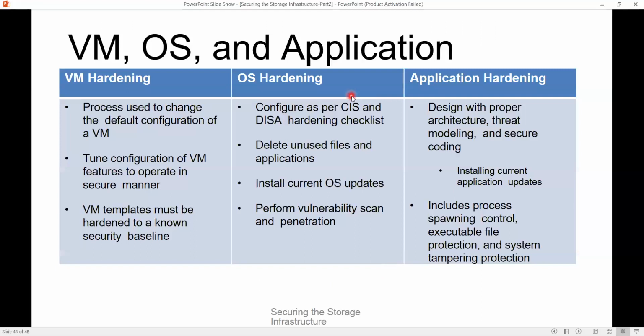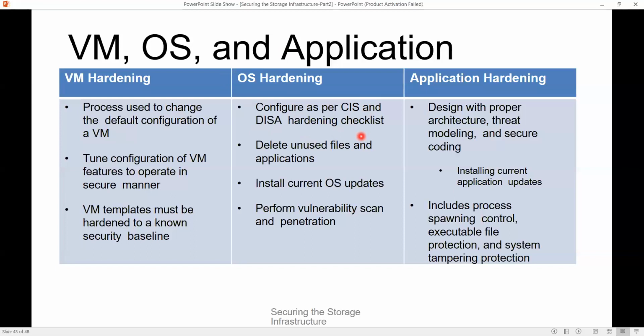Next is OS hardening. CIS means Center for Internet Security, and DISA is Defense Information Systems Agency, these protocols. So we can configure OS hardening according to these protocols, right? Whatever files and applications are not in use, we can delete those.